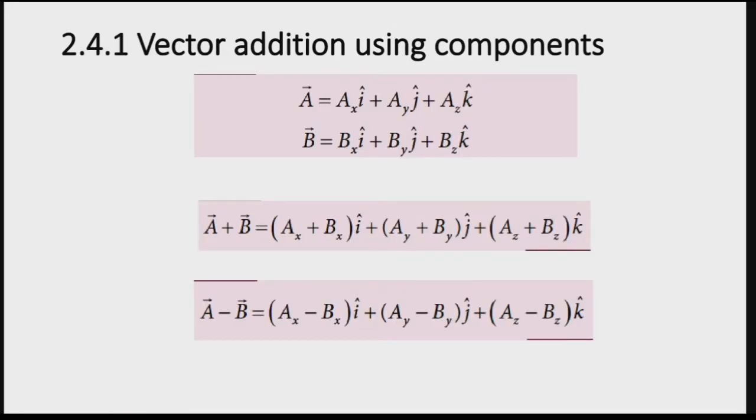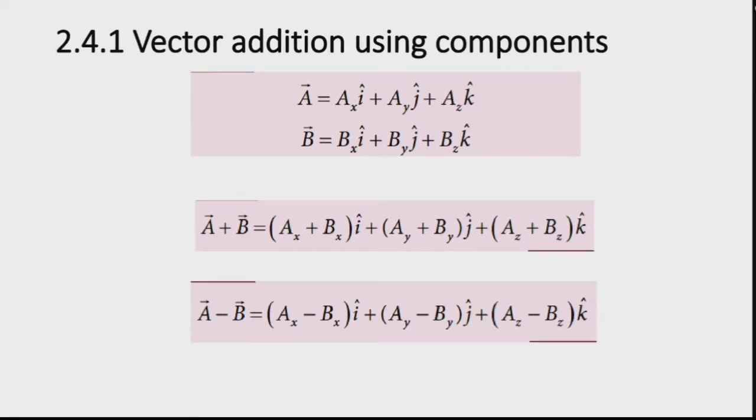Vector addition using components. The two vectors A vector and B vector in a Cartesian coordinate system can be expressed as A vector is equal to Ax i cap plus Ay j cap plus Az k cap. Then B vector is equal to Bx i cap plus By j cap plus Bz k cap. Then the addition of two vectors is equivalent to adding their corresponding x, y and z components.